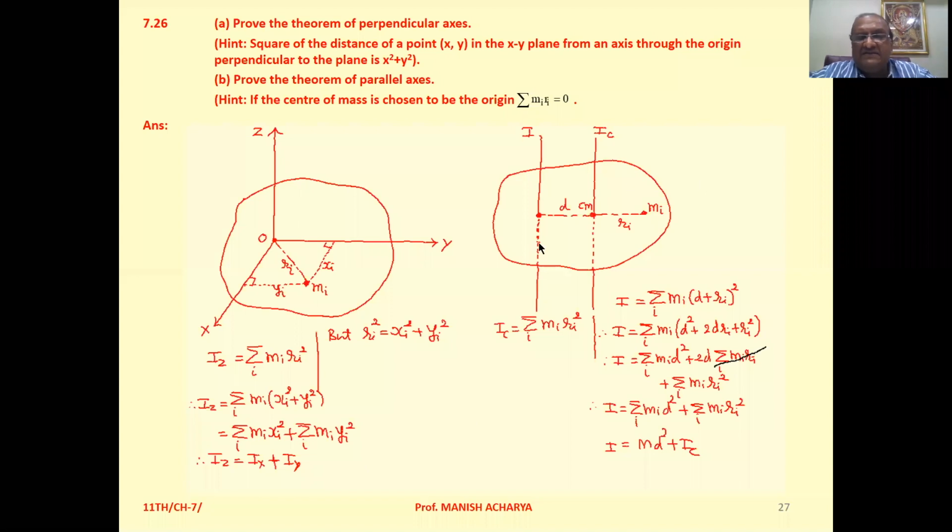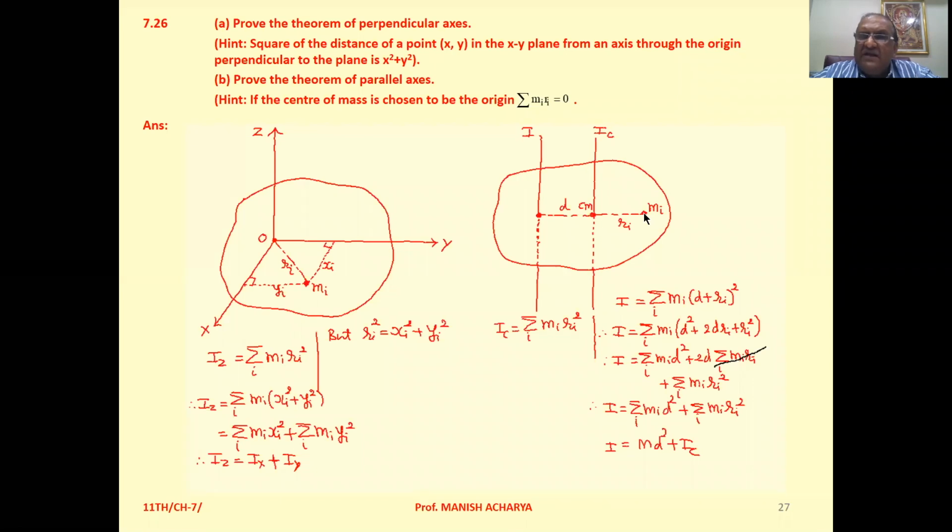Now for the parallel axis theorem. Suppose we want to find the moment of inertia of the body with respect to a rotational axis passing through any point, this one. Consider another rotational axis parallel to this first one passing through the center of mass. And here we consider the center of mass at the origin; arbitrarily we can consider it.